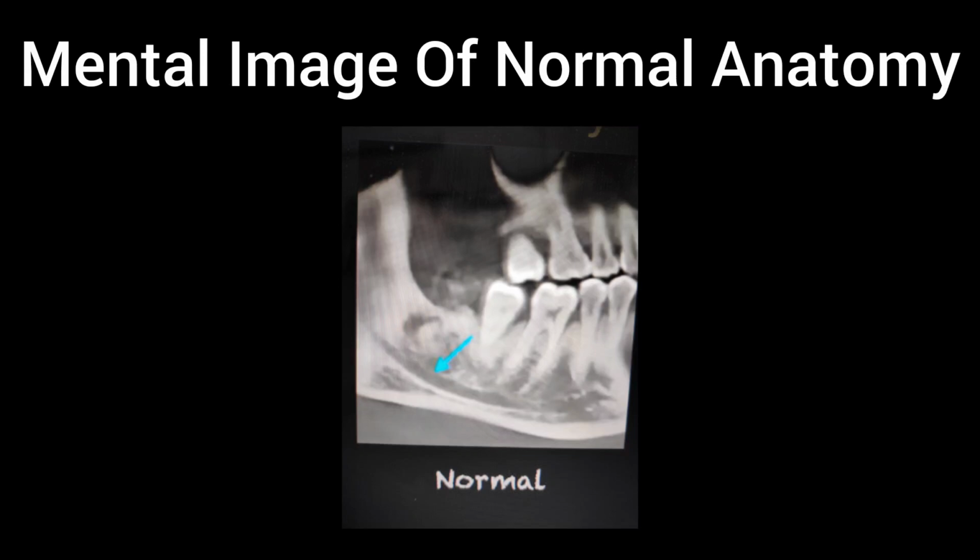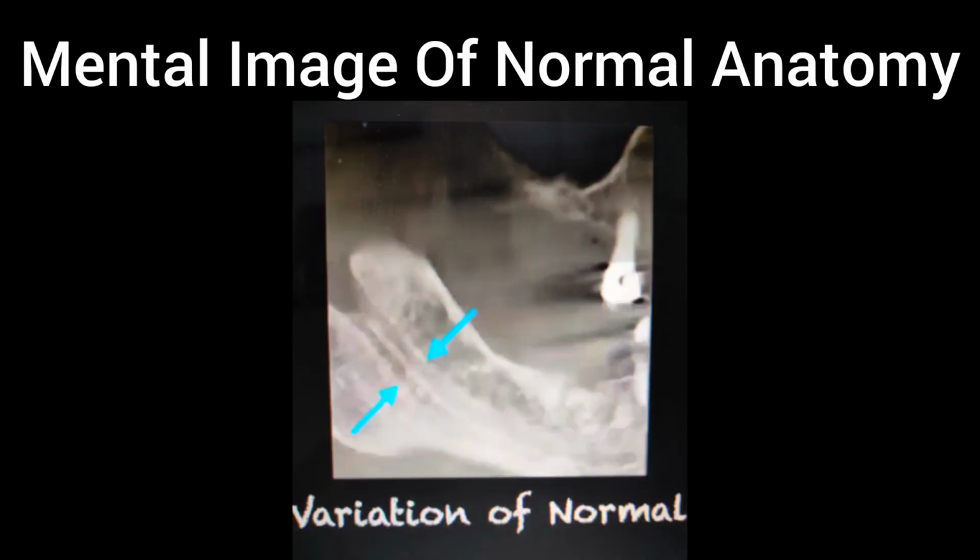So here we see the mandibular canal of the patient from the sagittal view, from the side. I would say it looks normal. The contours of the canal look normal, and it looks normal in overall size and shape. And here is the variation of normal.